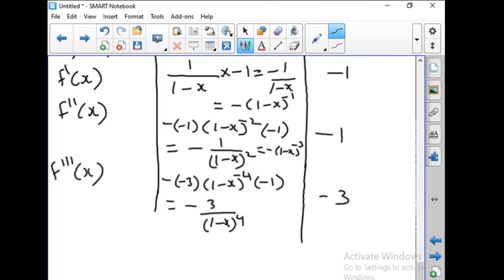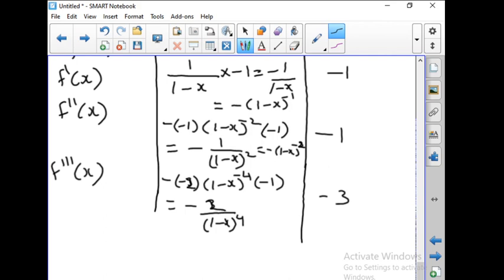Okay, f triple dash of 0 is equal to 2. I made a mistake, we are differentiating. Okay, this is 2, and this is also 2.